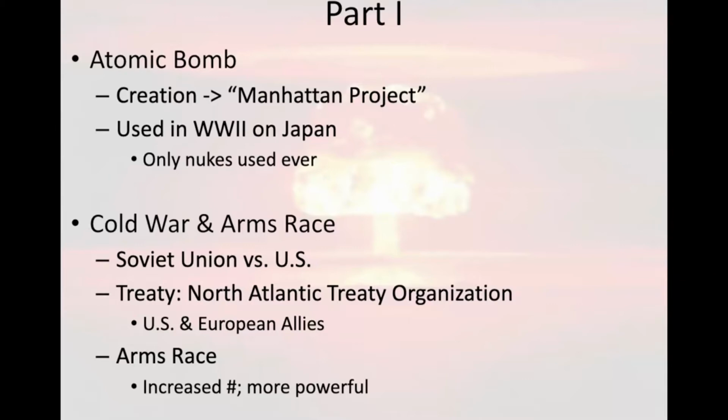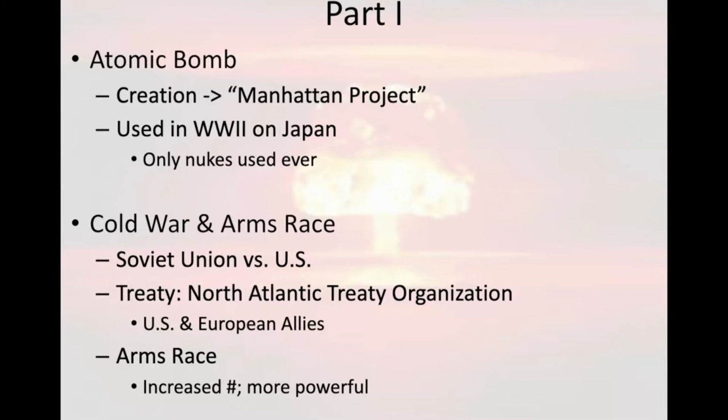All right, with that destructiveness near the end of World War II in the Pacific, World War II comes to an end, and shortly thereafter, the Cold War and the arms race come to be. 2 of the most powerful countries that came out of World War II were the Soviet Union and the United States.